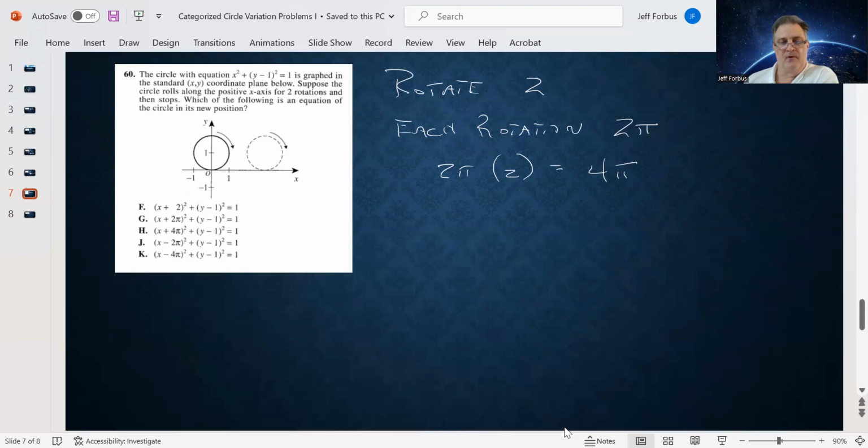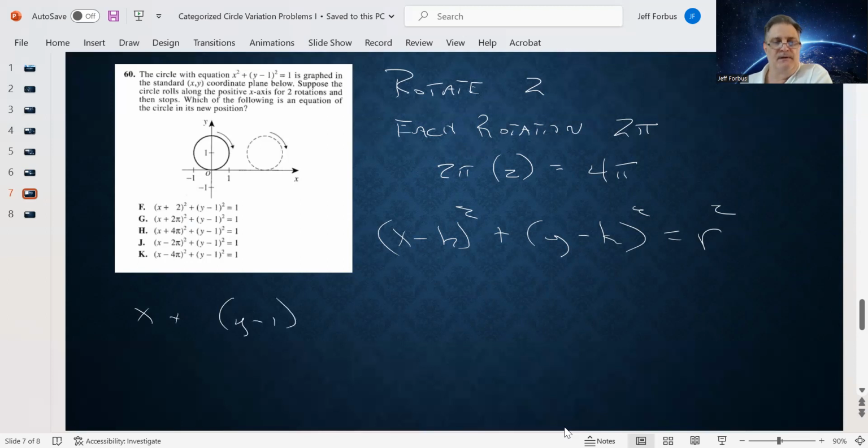So remember the equation: (x minus h) squared plus (y minus k) squared is equal to r squared. In the equation they gave us, y minus 1. So notice the center of our circle is at (0, 1), and our y value is 1.